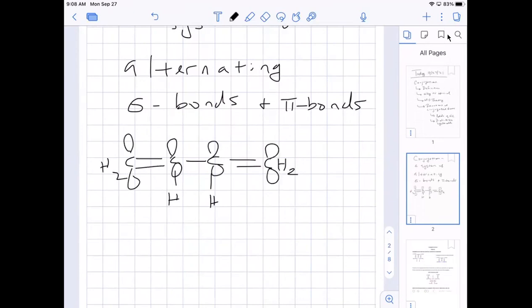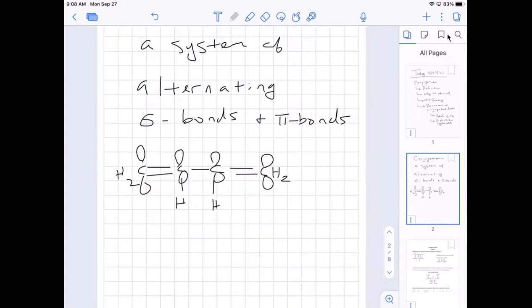And so that sigma bond in the middle gets compressed. The bond length shortens because those two sp2 carbons are pulling on one another's nuclei. So as they do that, they shorten that bond and they allow these 4 p orbitals to exist as a unit.